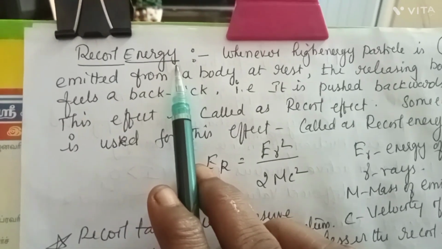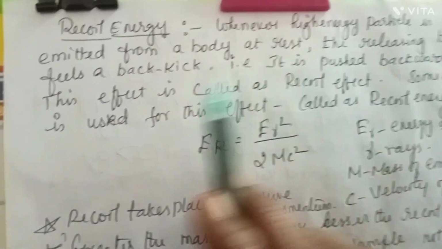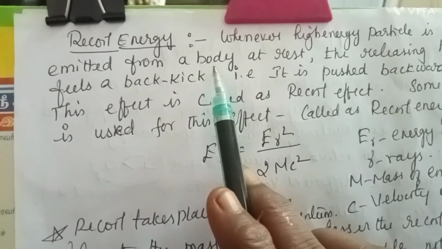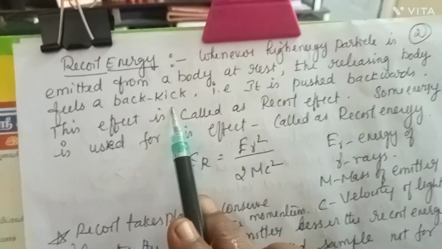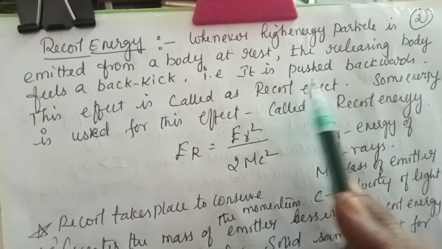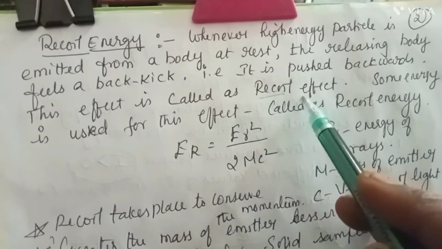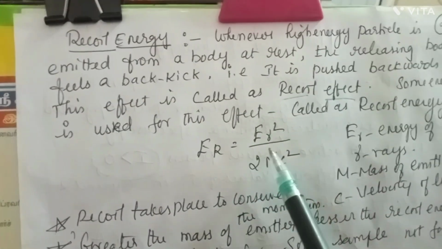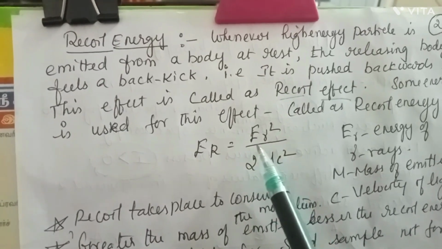For Mossbauer spectroscopy, the recoil effect and isomer shift are the basic principles. Recoil means that whenever a high energy particle is emitted from a body at rest, the emitting body feels a back kick, that is, it is pushed backwards. That is known as the recoil effect. The energy used for this recoil is known as recoil energy, equal to E gamma squared divided by 2mc squared.